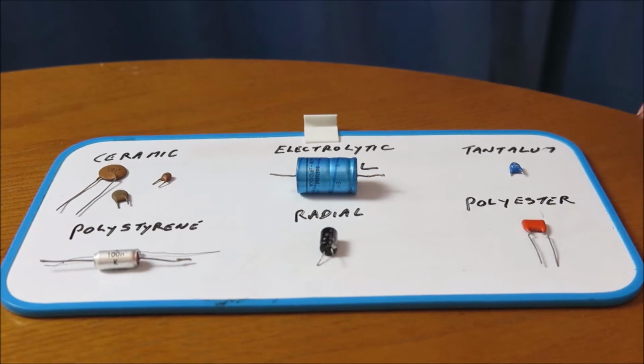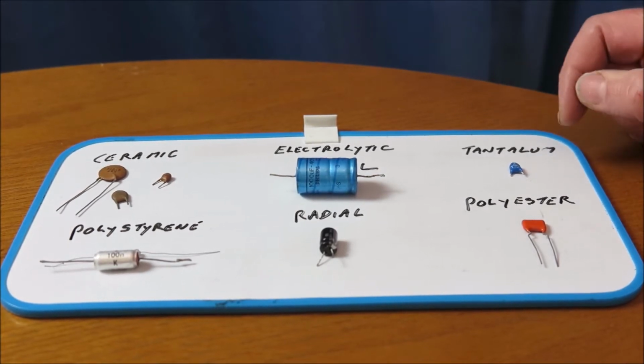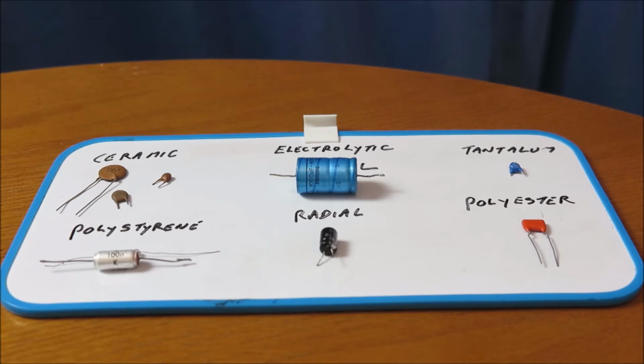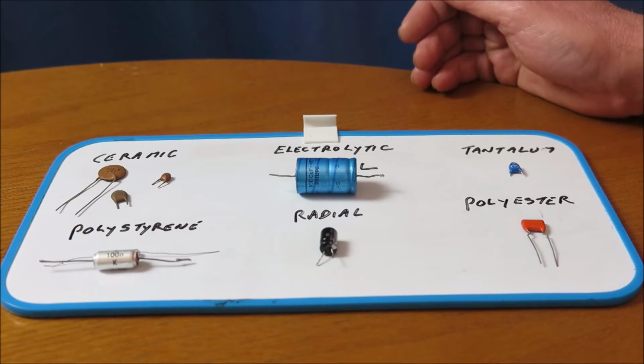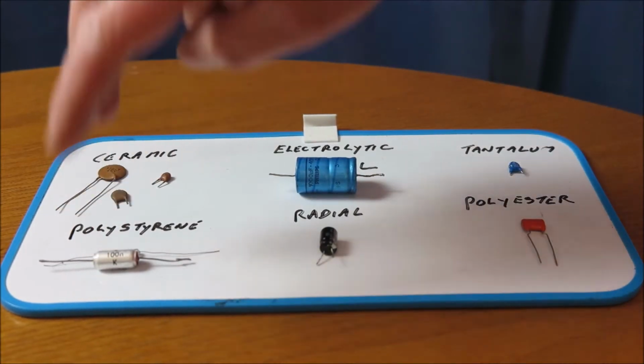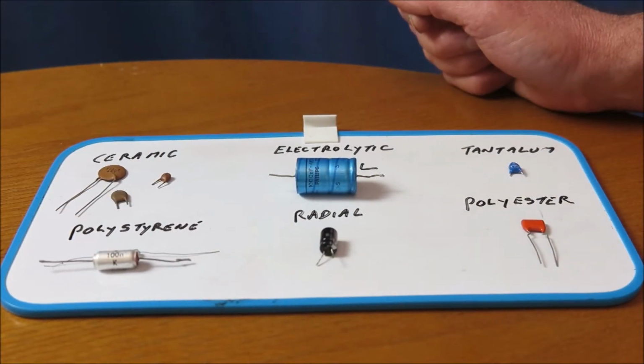These two are pretty popular as well. This is a bead capacitor, and this is a tantalum capacitor, so the dielectric material is tantalum, and this type of capacitor is polyester. So those are all pretty much run-of-the-mill. You see them all the time, whereas you don't see the polystyrene ones so much.